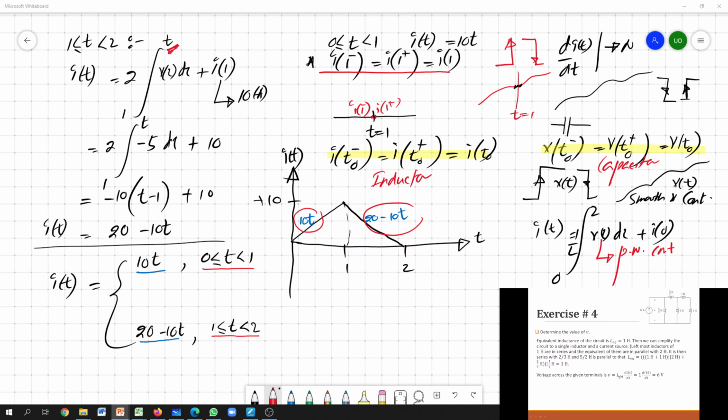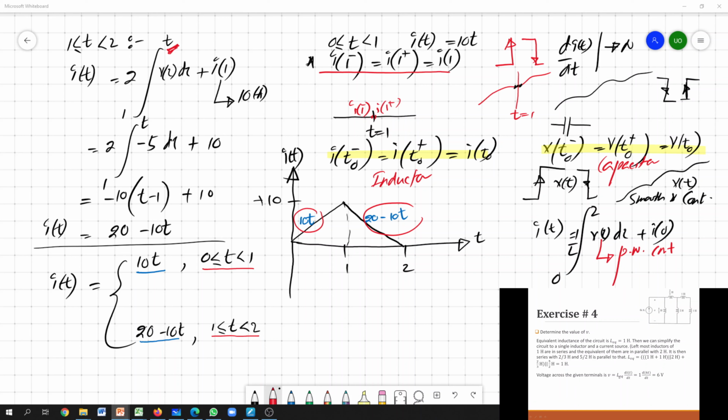So this exercise 4 basically captures that. You have 5 inductors. The last two 1 Henry inductors are in series, so you can find the equivalent to replace these two series 1 Henry inductors. Then whatever equivalent you obtain is in parallel with 2 Henry, so you can treat them as parallel inductors and find the equivalent.